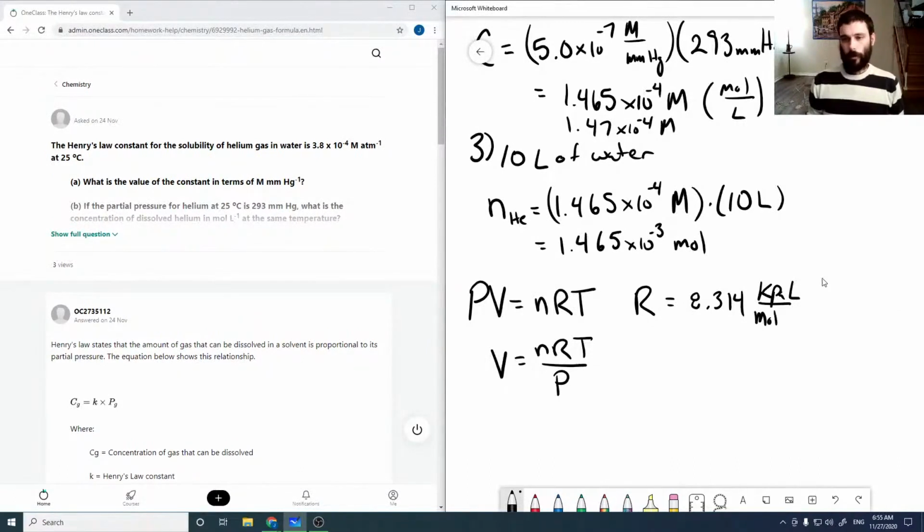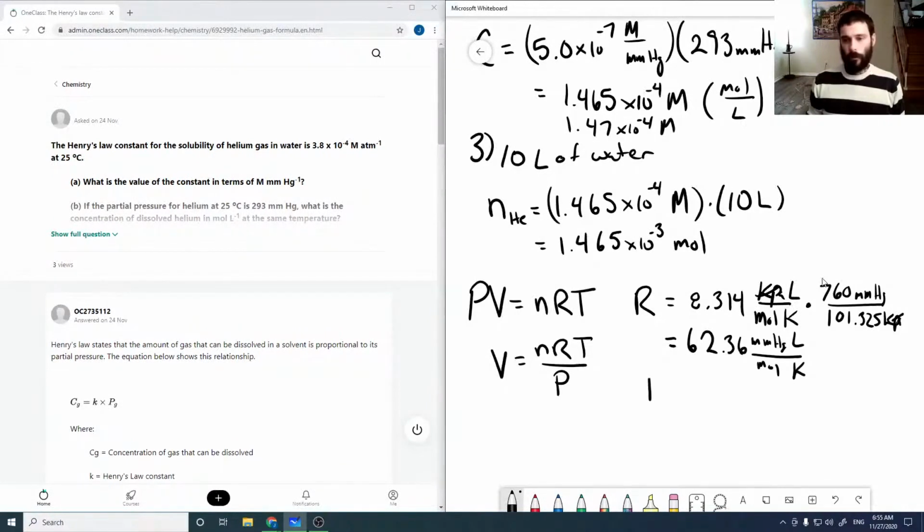That's the value I always remember. We multiply this by our conversion to millimeters mercury, which is 760 per 101.325 kPa. The kPa will cancel, and we get an R of 62.36 millimeters mercury liters per mole Kelvin.